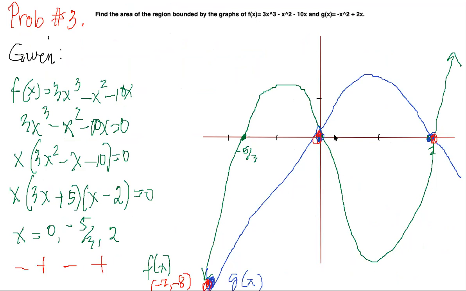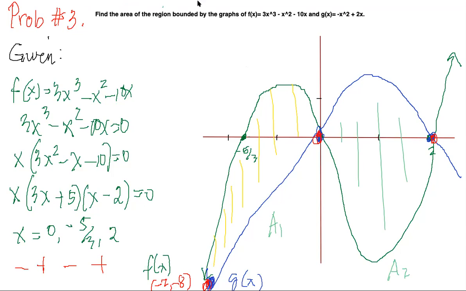So we have two regions. Let's identify these regions. We have this region, and the other one is this region. Let's say we call this area 1, and this is our area 2.